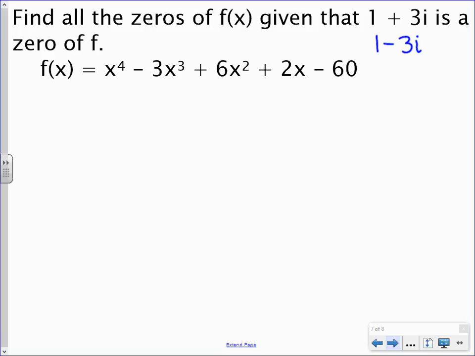I'd like you to discuss with your pod how we might be able to find the other 2 zeros. We have a 4th degree polynomial. We know 2 of them. How will we be able to figure out the other 2? Brainstorm.